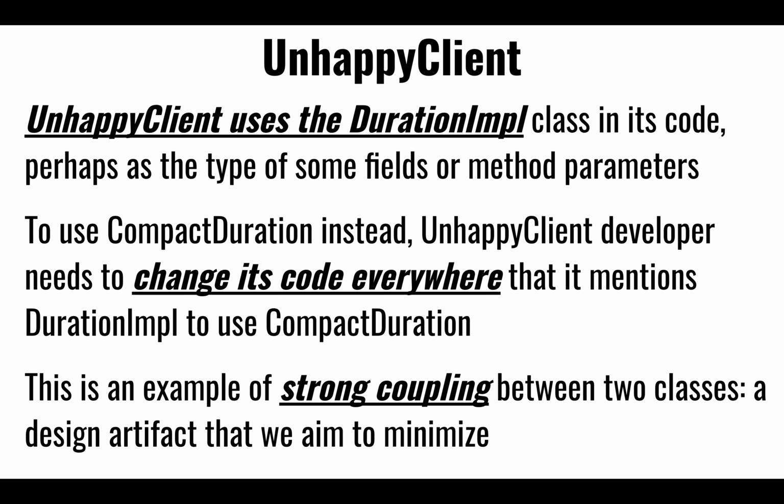So, unhappy clients. Inadvertently or by design, they started using a specific implementation of that interface. And if they want to use a new implementation, for instance a compact duration, because it's faster, because the implementation is much more efficient, less memory intensive, whatever.